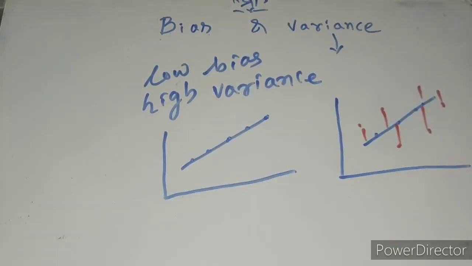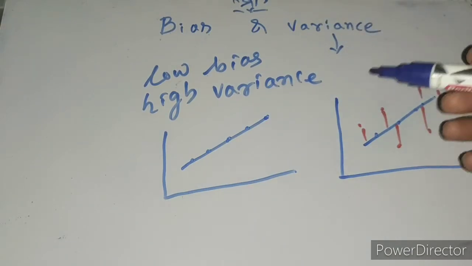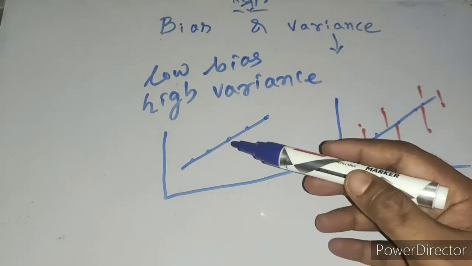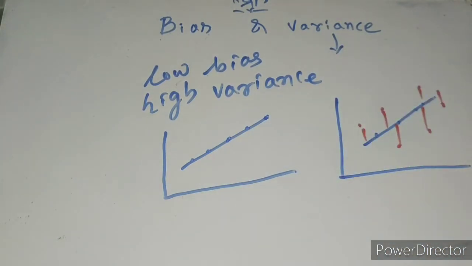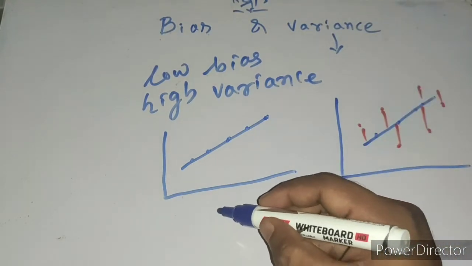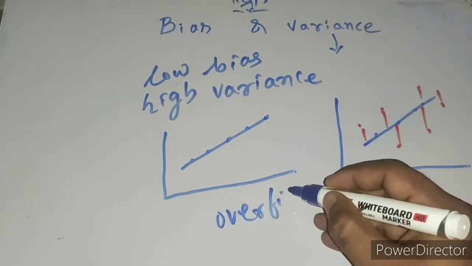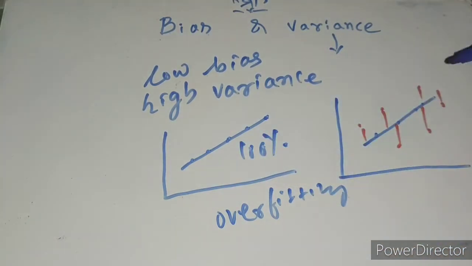Now the question is, when do we get low bias and high variance? Low bias means in training it fits well, and in testing it doesn't fit well. So in this condition, this term becomes overfitting. Overfitting means we are getting 100% accuracy in training, and it is giving us less than 50% accuracy in testing set, or less than 60% accuracy in testing set.